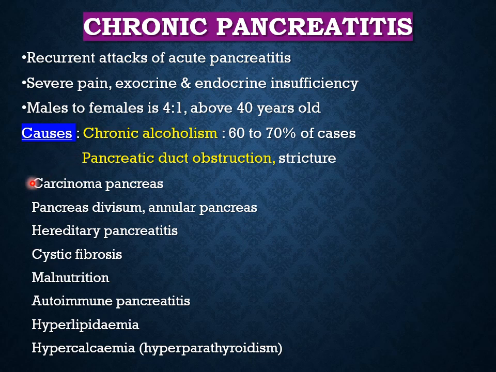Other causes include carcinoma of the pancreas, basically due to obstruction of the pancreatic duct, pancreas divisum or annular pancreas, hereditary pancreatitis, which has a family history of chronic pancreatitis, cystic fibrosis, malnutrition, autoimmune pancreatitis, hyperlipidemia, and hypercalcemia, usually in hyperparathyroidism.